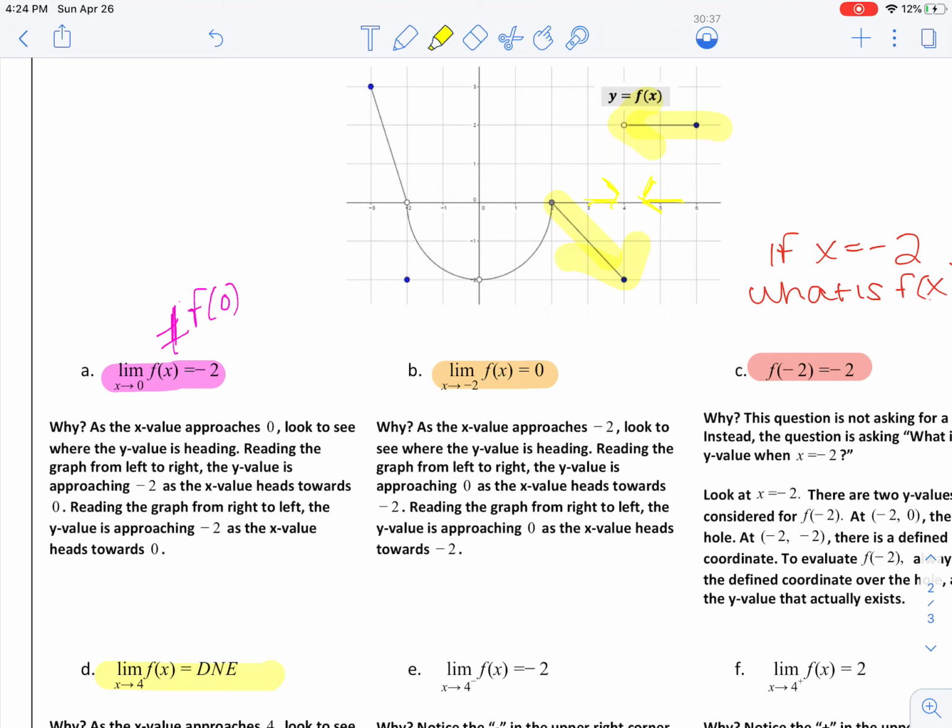So these two statements support the fact that D does not exist, that that limit does not exist. Okay, so we look at from the left and we see a value of -2. From the right, that limit has a value of +2. And since these do not match, the limit overall as x approaches 4 of f of x does not exist.